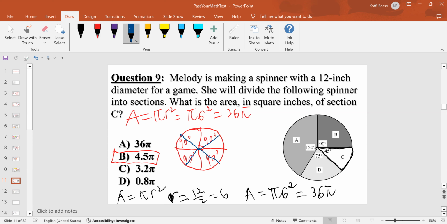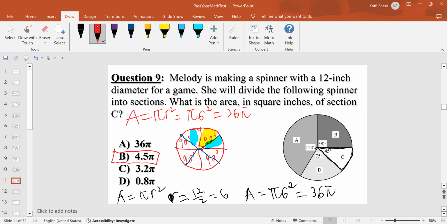So how many 45 degrees do we have in total? We have 8 45-degree sections. The first one, the second one, the third one. You continue, you have 8.